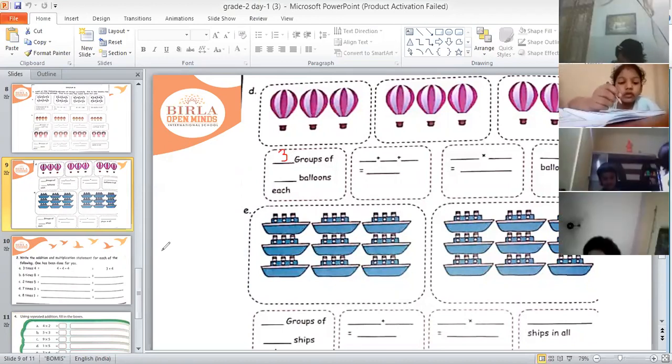Now, Manvit, you tell me in each group how many balloons are there? In one group, how many balloons are there, Manvit? 3. Okay. So children, see here in each group there are 3 balloons. So we will write here 3. Very good. Okay, Manvit, you tell me which number we will repeat here.